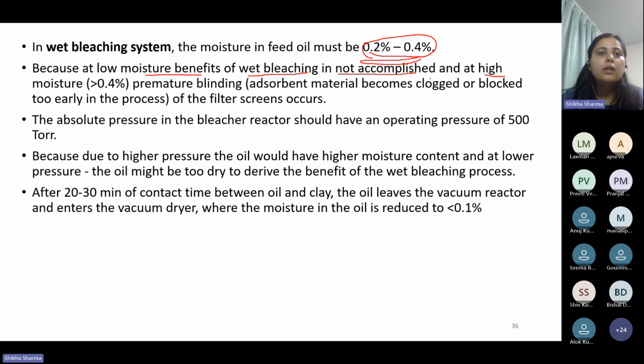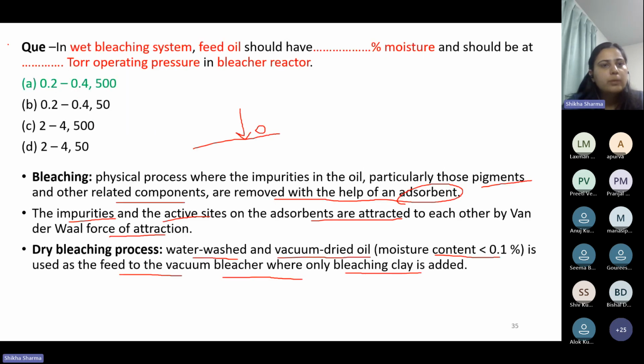But at higher moisture content, above 0.4%, premature blinding can happen, which means that the adsorbent materials can become clogged or blocked too early in the process. Premature blinding of the filter screens can occur if moisture content is very high. So moisture should be in this range.